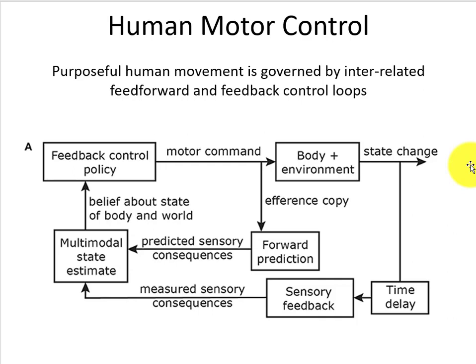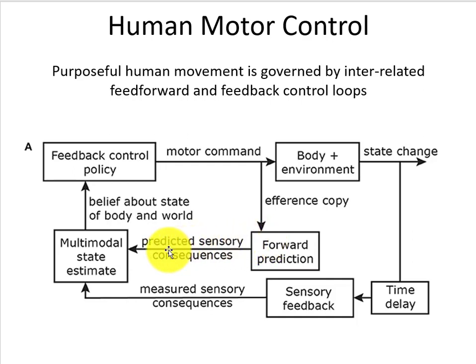But when we make that command, as it goes to the body and the environment, the brain makes an efference copy, or a photocopy, of what it's done, right? By making this facsimile copy of its motor command, it can use that to determine whether the predicted sensory consequences of what it's doing line up with, down here, the measured sensory consequences.